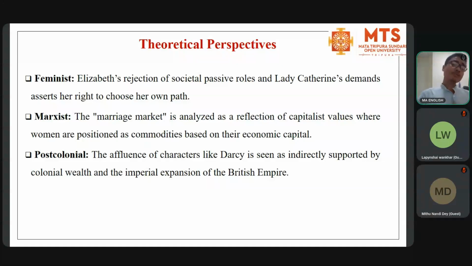So what do post-colonial theories talk about? Post-colonial theories talk about the bad practices applied by the colonial rulers. Darcy comes out to save the reputation of the Bennet family by paying the loan of Mr. Wickham.